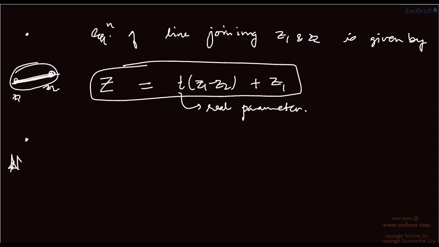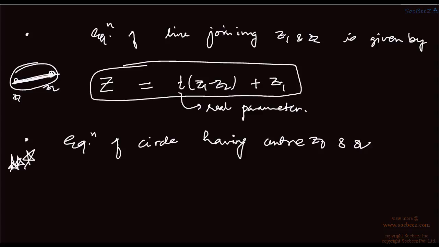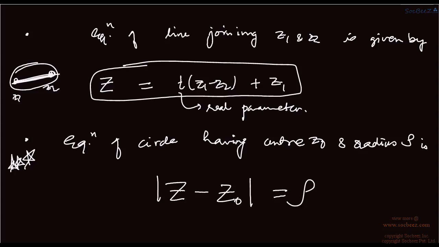Then this one is important. It has been used many times. So the equation of a circle having center z0 and radius rho is mod of z minus z0 is equal to rho. Okay, they can tell you mod of z minus (2 plus 3i) is equal to 5.